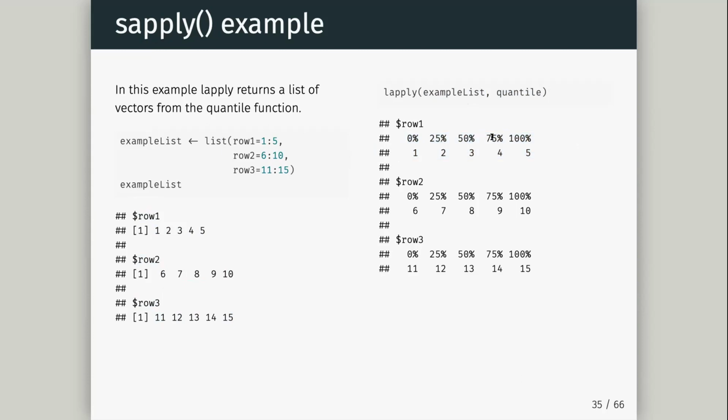It's going to return my quantiles 0, 25, 50, 75, and 100. If I do lapply, it gives me a list back. For every row or whatever I gave it here, it gives me a quantile, and then I get another element. So I get a list back, named by the elements I gave it.